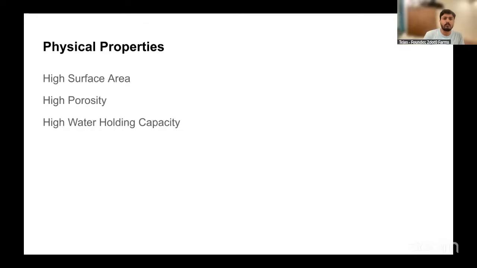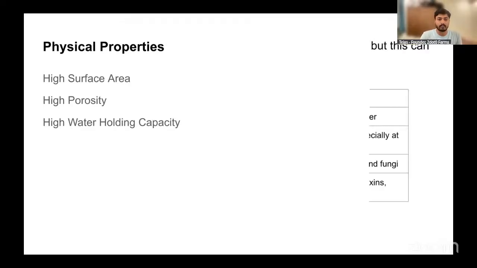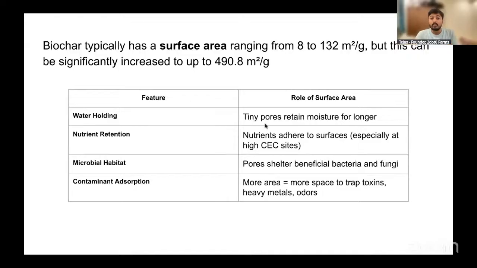Let's look at what physical properties are of interest for us. Biochar has very high surface area, very high porosity, and also a very good water holding capacity. We'll go into these one by one. Biochar typically has a surface area ranging from 8 to 132 meters square per gram.